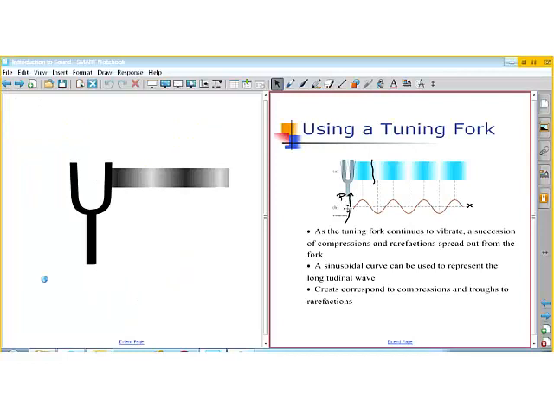Now, a tuning fork gives you a single frequency, because you can only get the fundamental frequency of the tuning fork. With strings and with other things, you can get harmonics, but in this case, you just get a simple sine wave. We'll show that in class when we do a lab. So you get a succession of compressions where the pressure is higher. That's the peak. And what this graph represents is the pressure through space.